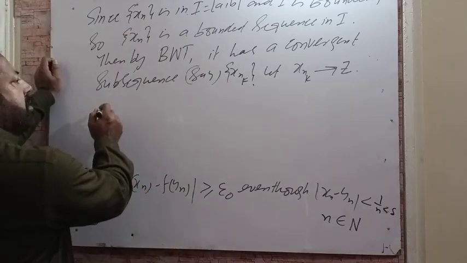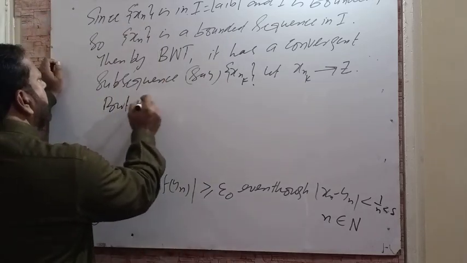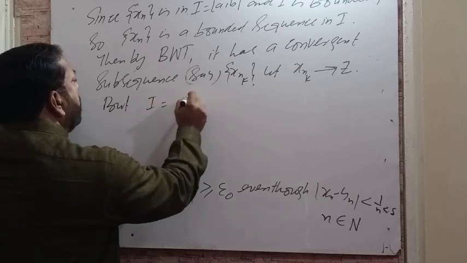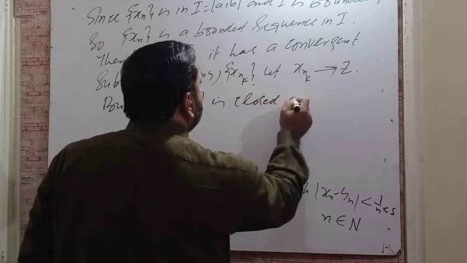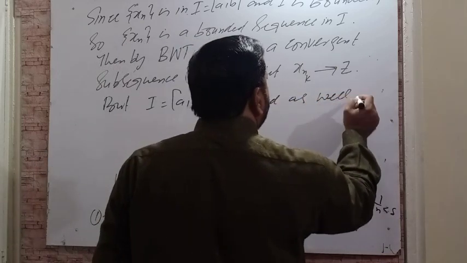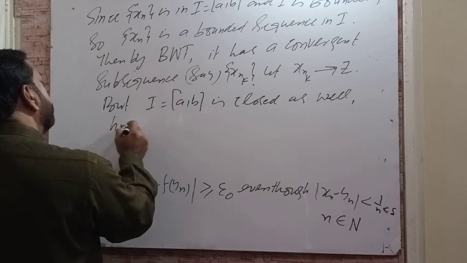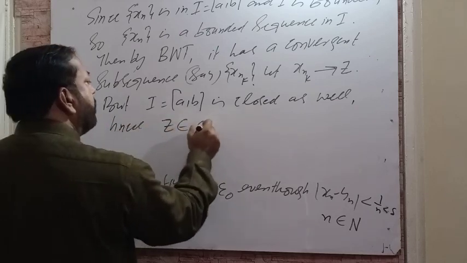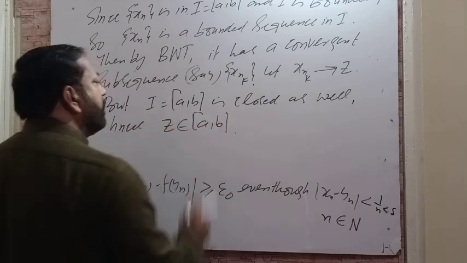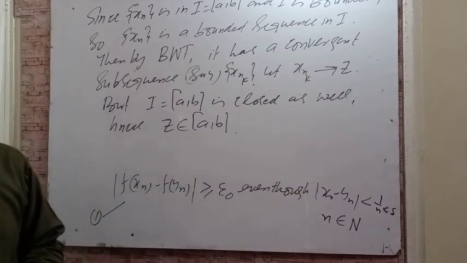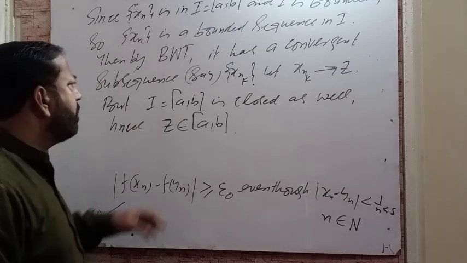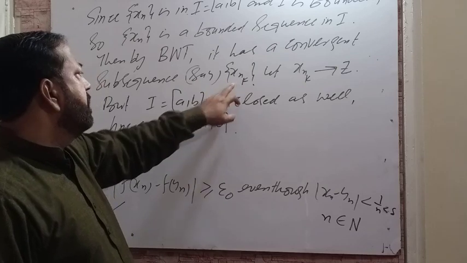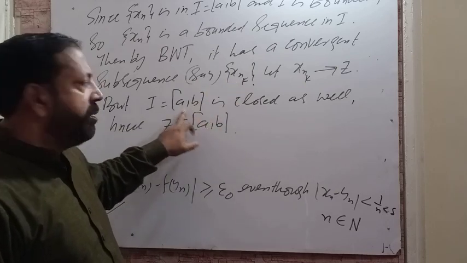But I = [a, b] is closed as well, hence this z belongs to [a, b]. So I have shown that our subsequence xnk is in [a, b] and also converging to a point of [a, b].